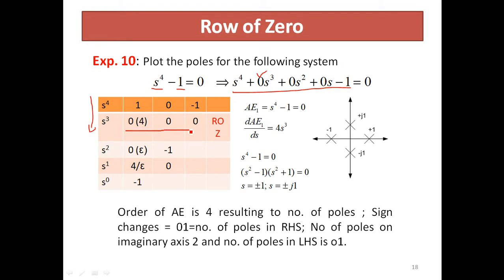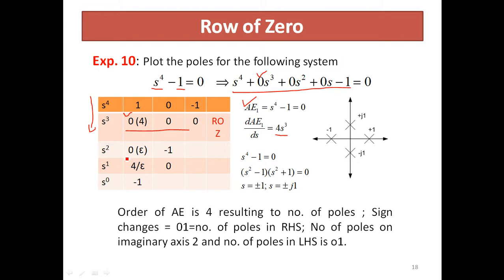Here these elements are appearing as row of zeros. So write the auxiliary equation s⁴ minus 1. Its derivative 4s³. This element would be replaced by 0, would be replaced by 4.